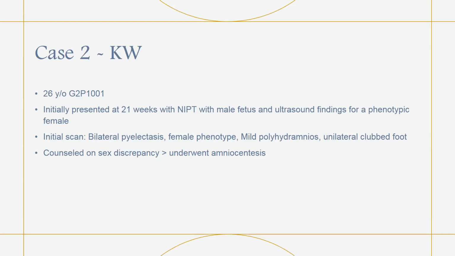So cell-free fetal DNA, which is what the NIPT is referencing on the screen, is a way to detect chromosomal analysis and allow for some form of genetic screening in our pregnant population. What that looks at is what we would call cell-free DNA. So we all have cell-free DNA floating around in our bloodstream as our cells go through some amount of apoptosis.